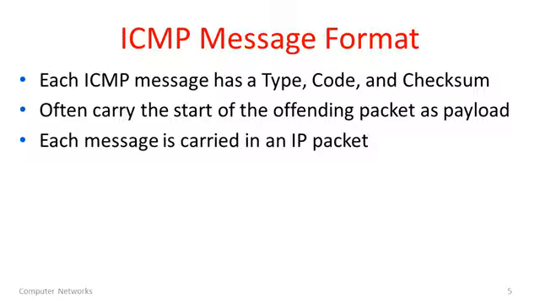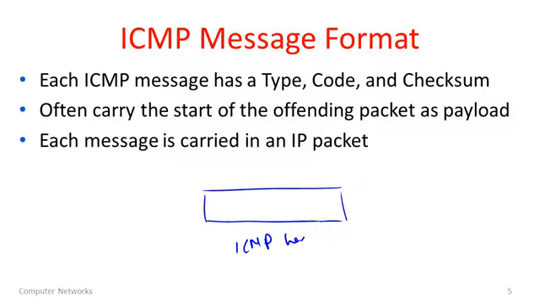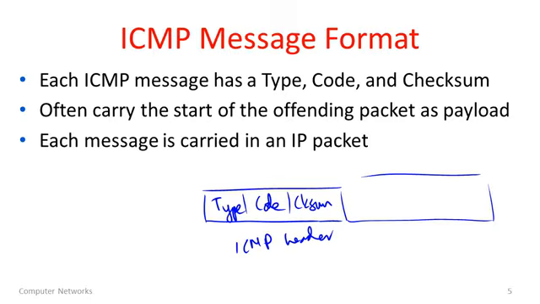So instead of letting me just talk, let me just try and draw some of this. So we'll start sort of in the middle. Here's the ICMP header. I said it has a type, a code, and then a checksum. So there may be different portions of it. It's then going to carry some data. So here's the ICMP data.